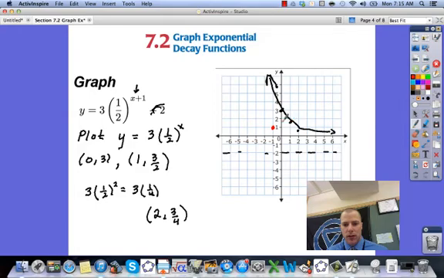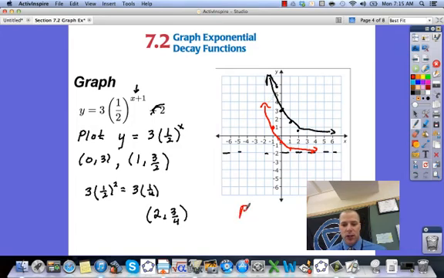One left and down 2. And 3/4, one left and down 2. Right about there, I guess. And the red graph is our correct graph.